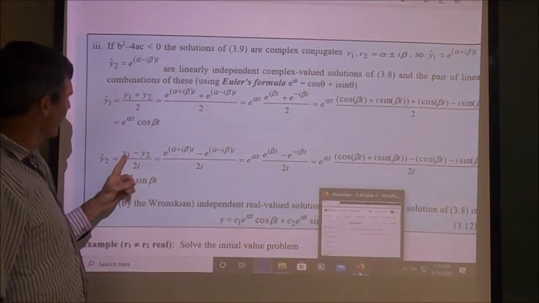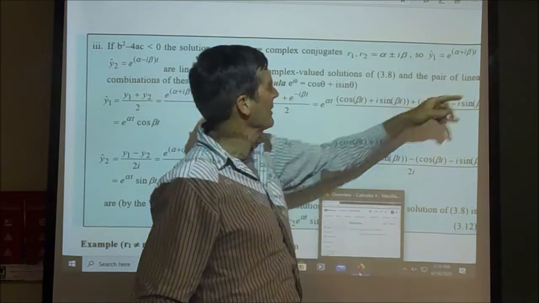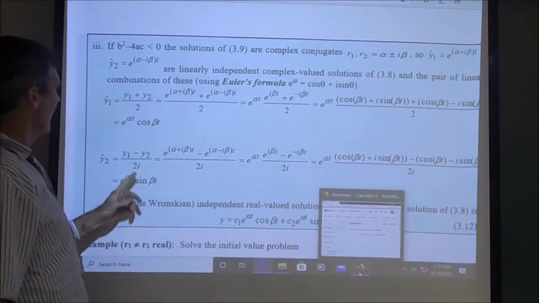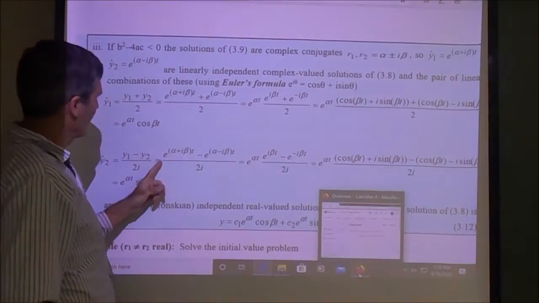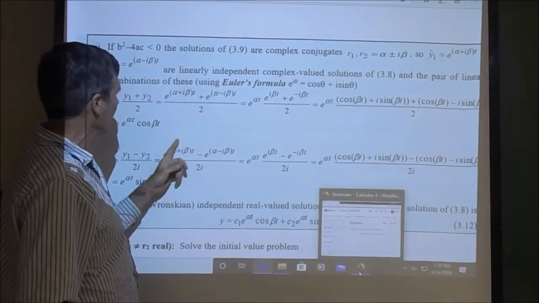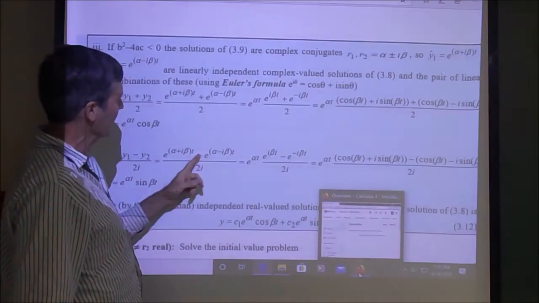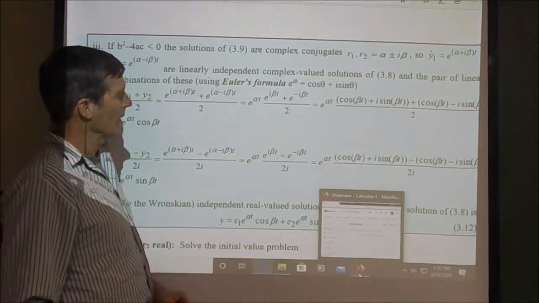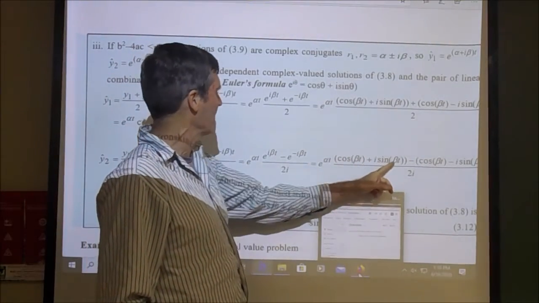Now similarly, if we take the two solutions, e to the alpha plus i beta t and e to the alpha minus i beta t, and subtract them and divide by 2i. Well, what do we get now? Again, e to the alpha plus i beta t becomes e to the alpha t times e to the i beta t, and you factor the e to the alpha t out, and same thing here. Now by Euler's formula this one is cosine beta t plus i sine beta t.